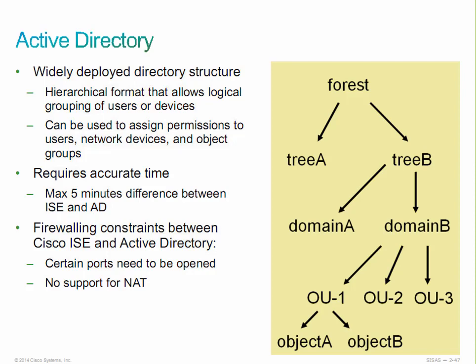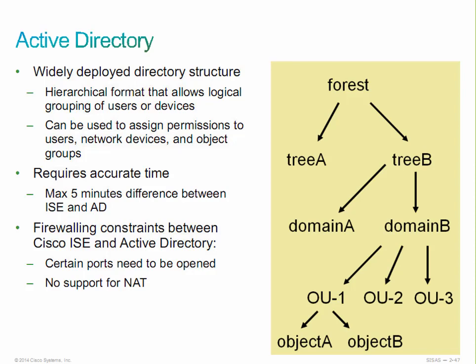In fact, the OU is really the recommended level at which you apply these group policies, and those are called GPOs, right? Group Policy Objects. Although you can actually apply policies to the domain or the site as well, the OU is really the level where the administrators usually delegate specific elements, right?